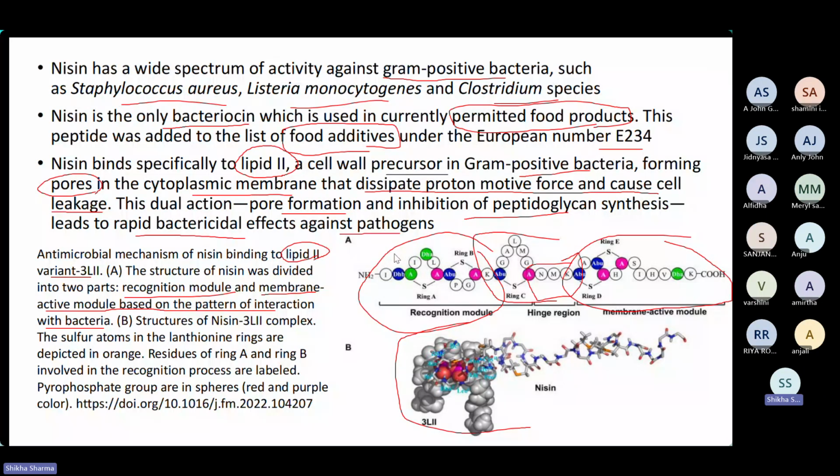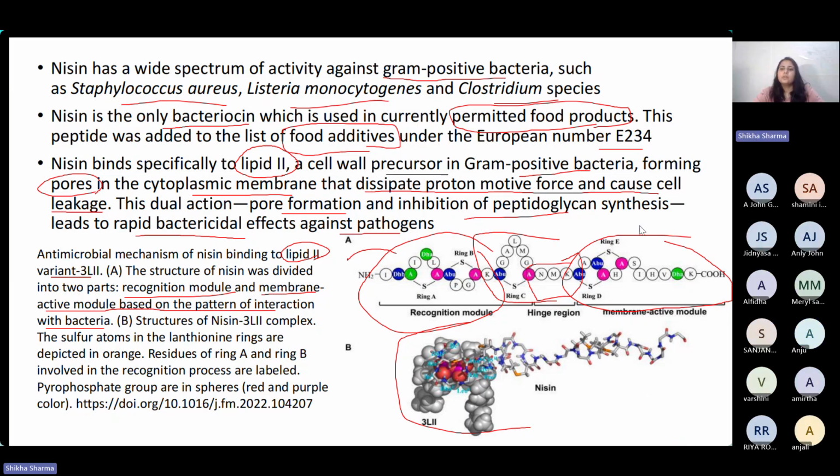Either it will adhere with the recognition module to the lipid II protein of the cell membrane, or it will react with the membrane active module of the microbial cell. This way it enters the microbial cell and forms pores there.